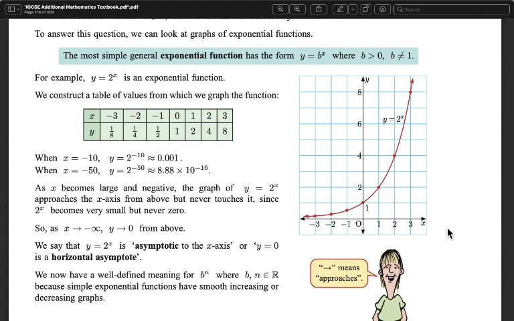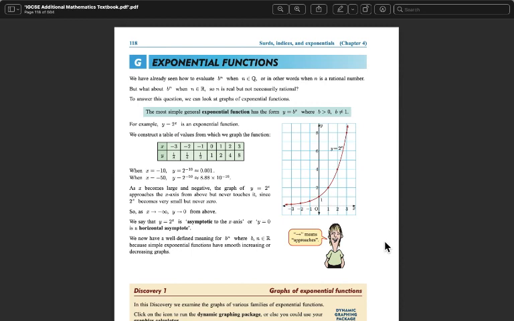And the intercept is going to be 0, 1: x is 0, y is 1 for the original 2 to the power of x function. And as x goes smaller, y goes smaller as well, but will always be larger than 0. And as x increases, y will keep on increasing. And the range of this equation will be positive infinity.